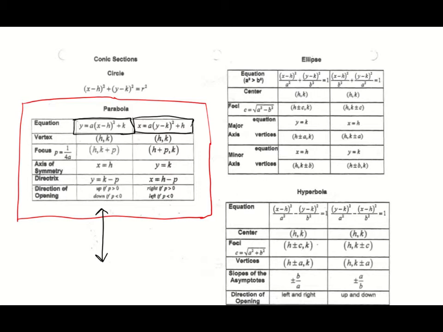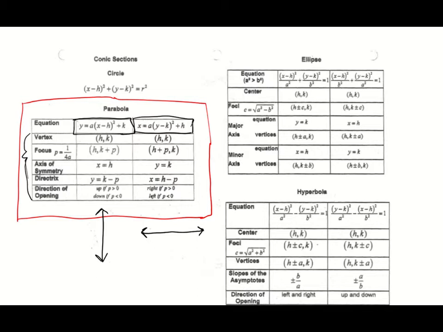And for our second equation, that's going to give us a parabola with this axis of symmetry, and it will either open to the left or to the right. Okay, so that's the first important difference. And then you can see below it gives us all of our different parts of that parabola right here. We have our vertex, which is h comma k, so whatever our h is in that equation, comma our k.